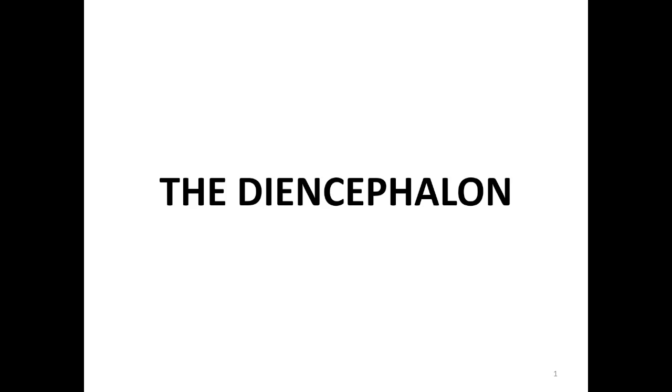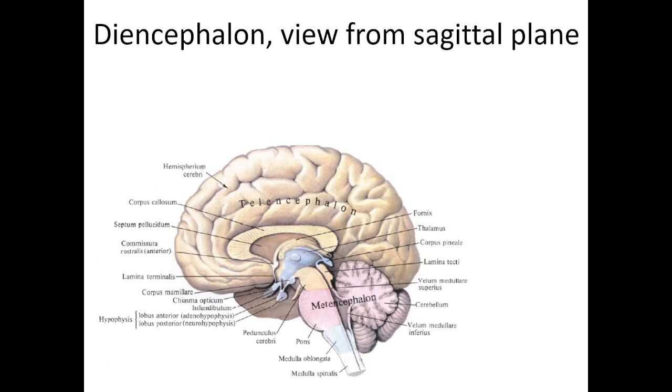The diencephalon can be included with the anterior part of the brainstem. It is formed from the prosencephalon, the hypothalamus and subthalamus being older portions.